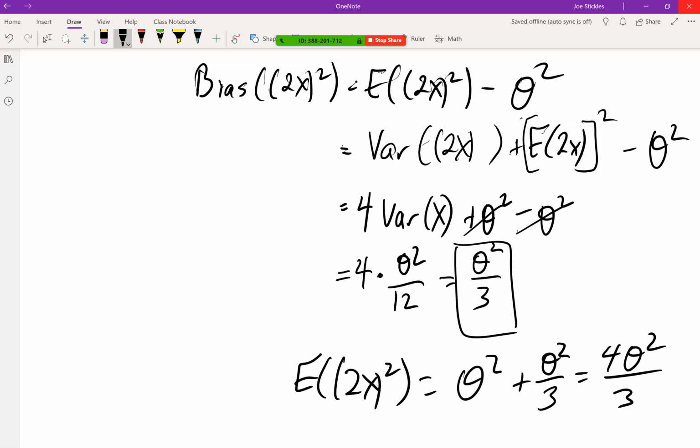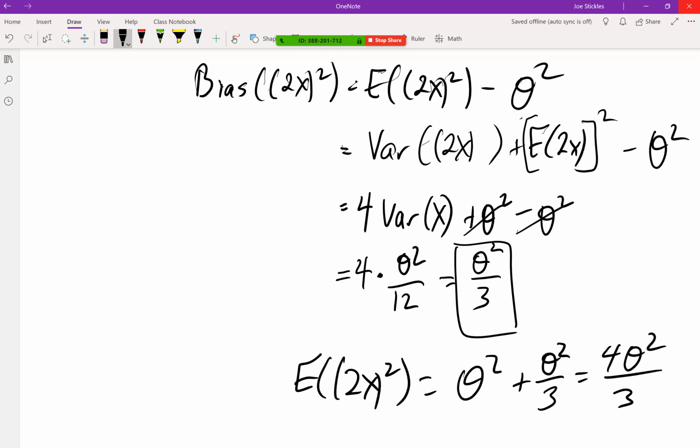Since we know the bias and we know what it's trying to estimate, we know the expected value.